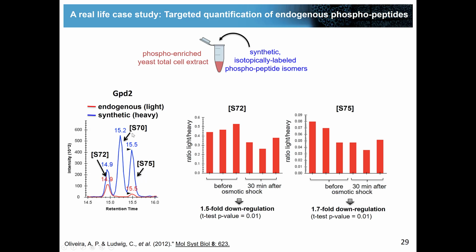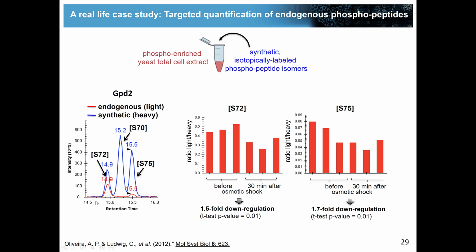So here you see the Skyline chromatogram figure for GPD2. In blue, you see the 3 peaks for the 3 synthetic peptide regions that I just spiked in and that I just showed you before. And in red, you see now the light channel. So these are now the phosphopeptides coming from my yeast extract.